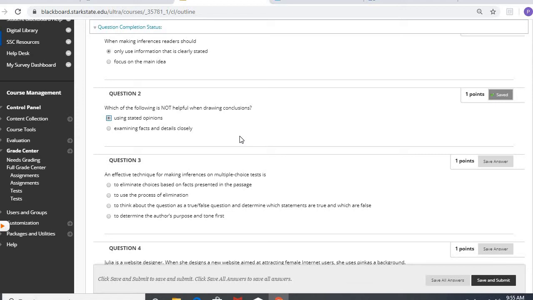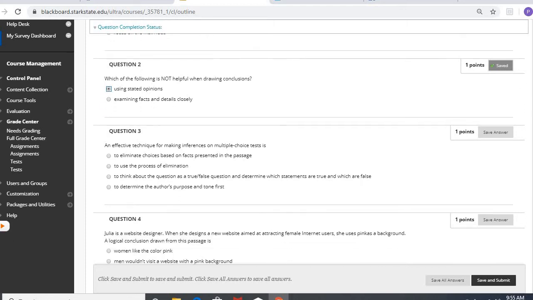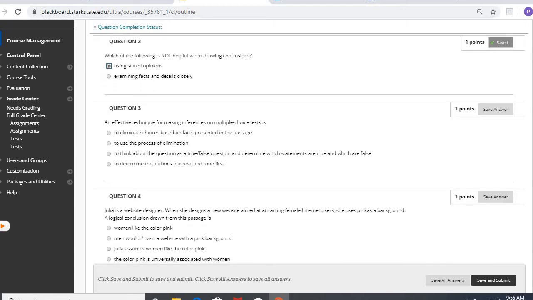You have to know what the facts are, what the details are in your paragraph. I'm thinking back to the acronym CLUES: check your comprehension, look at the details. You have to know what the details and facts are, therefore opinions is not as helpful. So that's one of those where it's like, which one is the best answer?